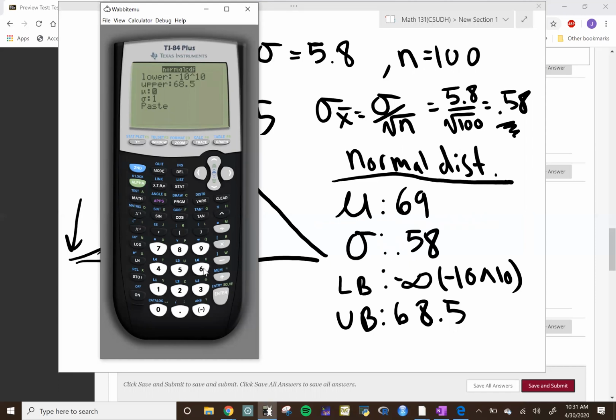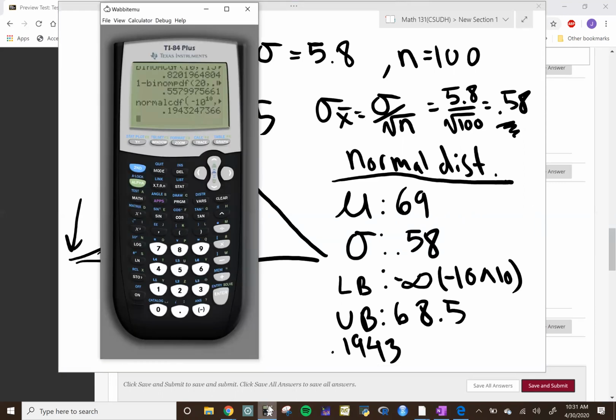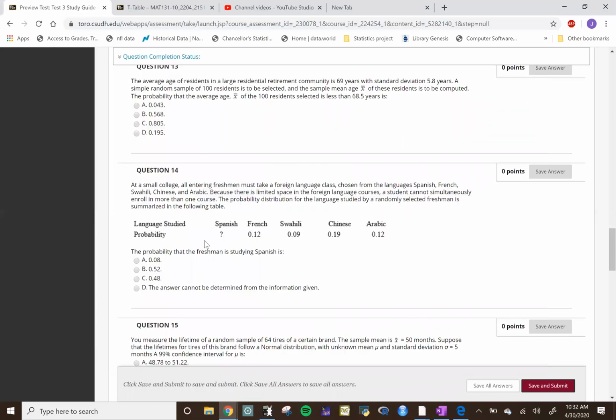For my mu, we put 69, and for sigma, we put 0.58. You go paste, enter, and we get an answer of 0.1943, if I remember correctly. If we go to the test, that's part D, so the answer for this one should have been D. Any question on how I got D?